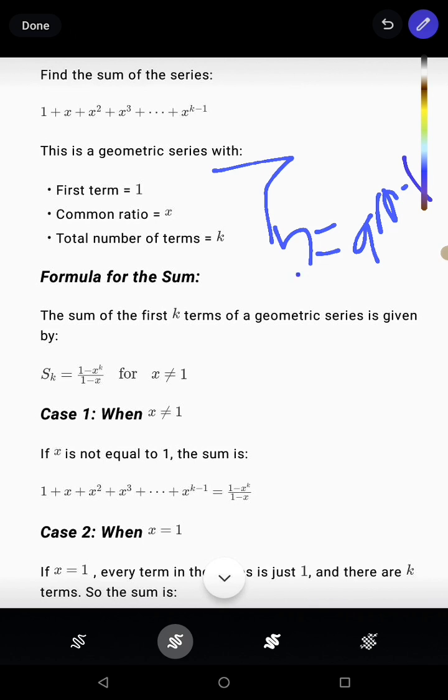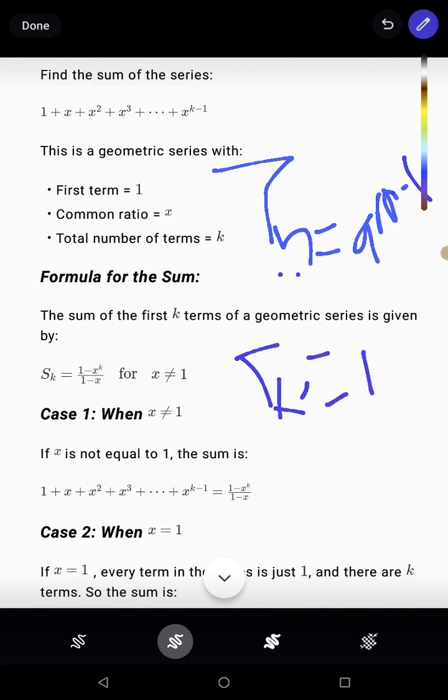Compare this n here: when it is n here, you have n minus 1 here. So we have it up to the kth term. So T_k is going to be a times x raised to power k minus 1, and a is 1. So the kth term is actually x raised to power k minus 1, with a being 1.